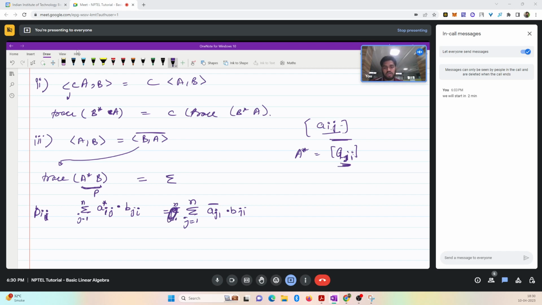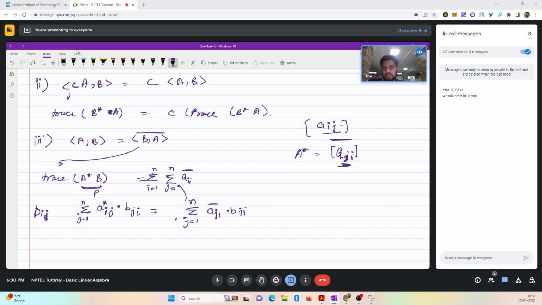Okay, so we can write the trace formula like this. So we'll have one more summation where i is from 1 to n, j is again from 1 to n, but we'll have summation as Aji conjugate. No, I don't think so.